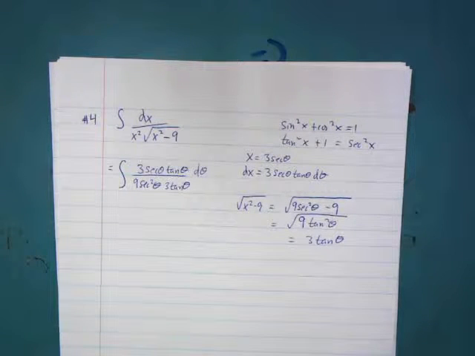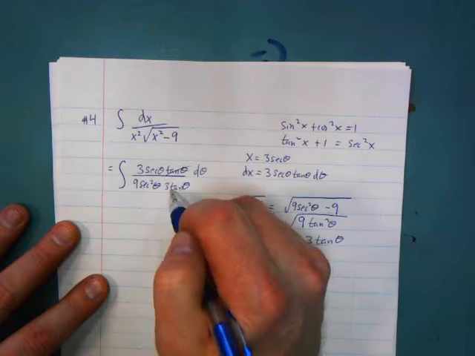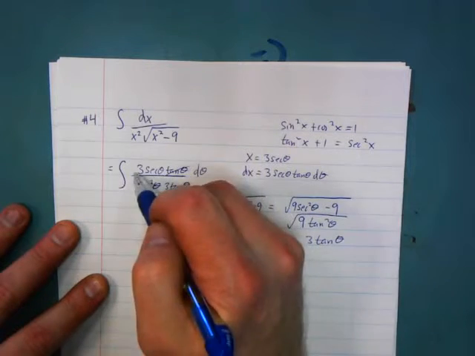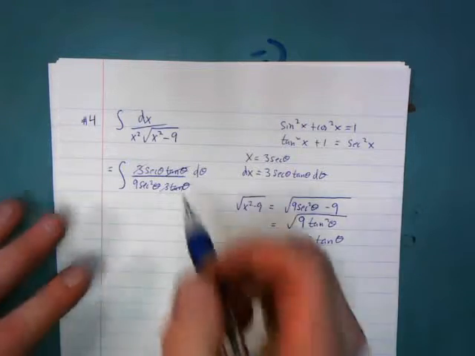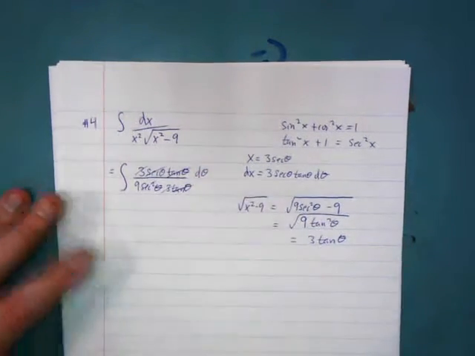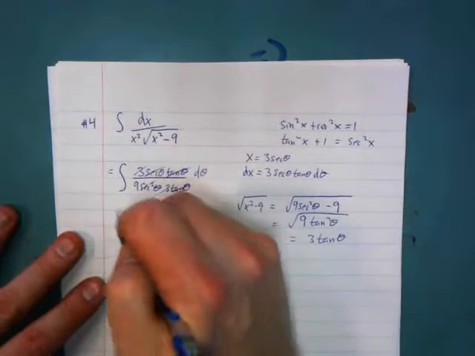So some good stuff happens. What's the good stuff that happens? Things cancel. Tangent reduces with tangent. 3 reduces with 3. Secant reduces with secant.